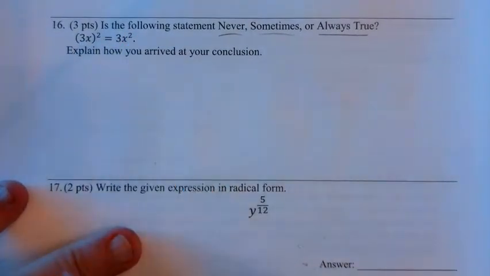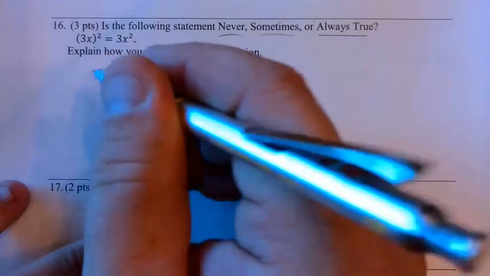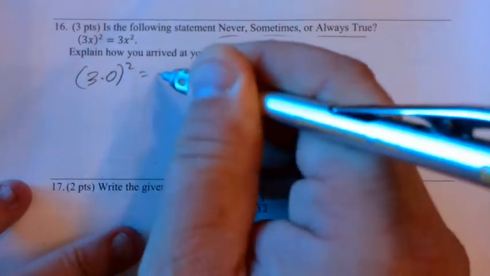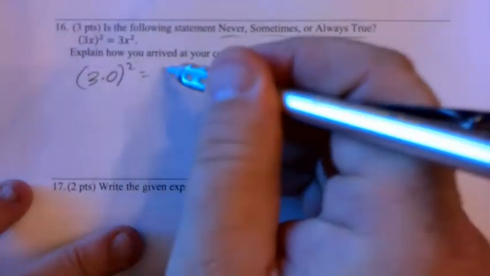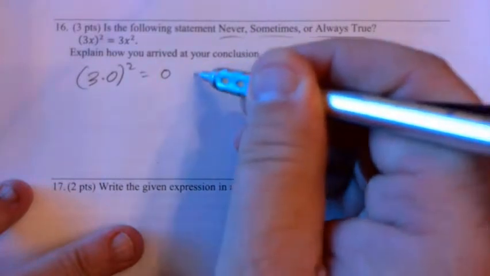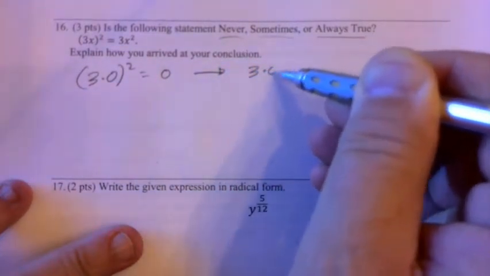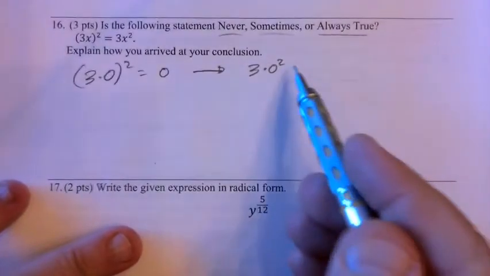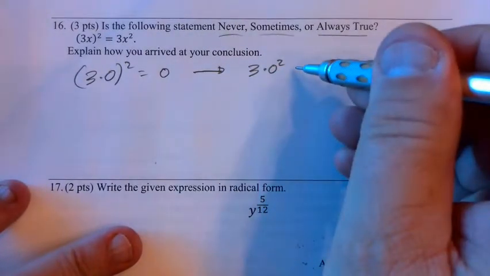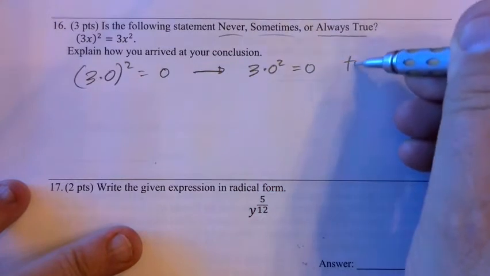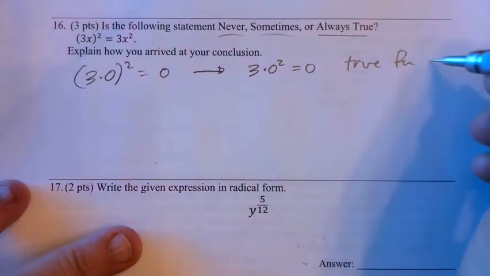The 2 only applies here. So I'm going to test something. Zeros and 1s give us good tests. So if I go 3 times 0 squared, that makes 3 times 0 is 0. Then 3 times 0 squared: 0 squared is 0, 3 times 0 equals 0. So it's true for 0.